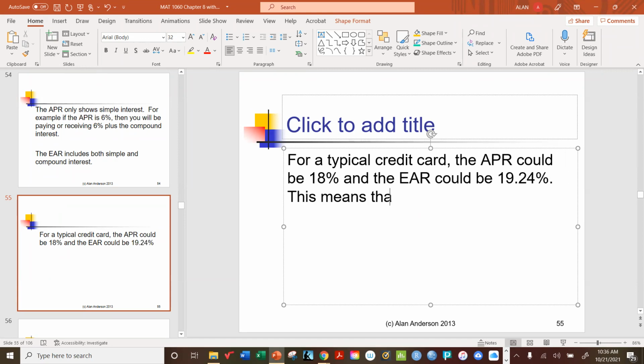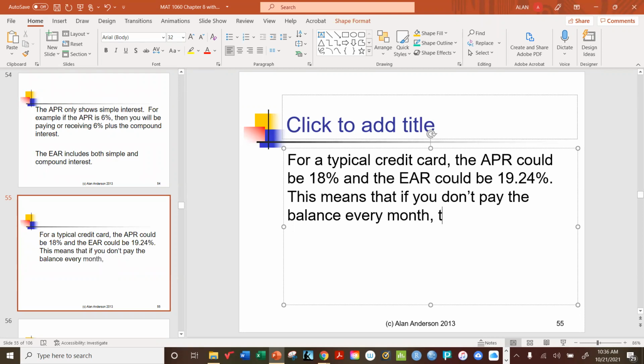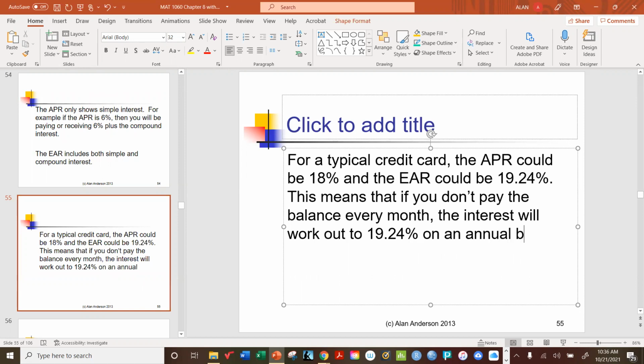This means that if you don't pay the balance every month, your interest will work out to 19.24% on an annual basis. That's a lot of money.